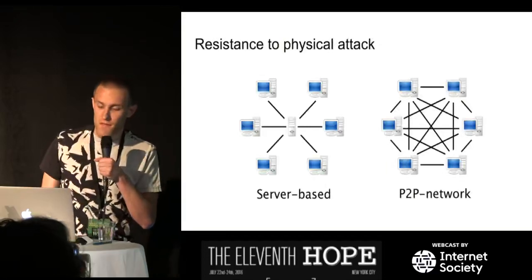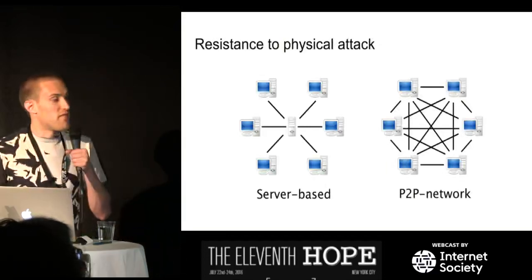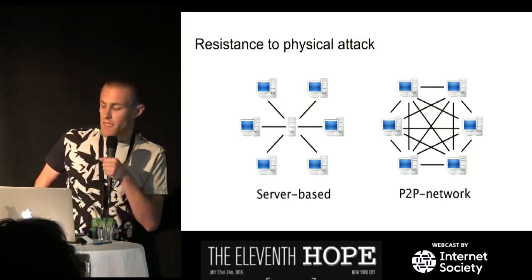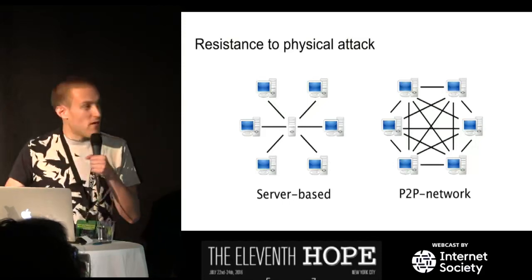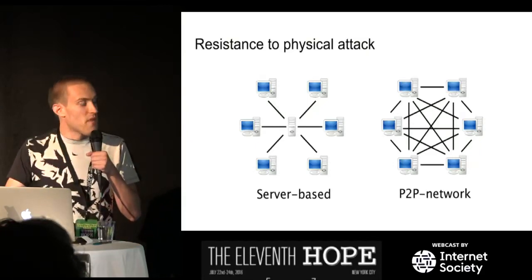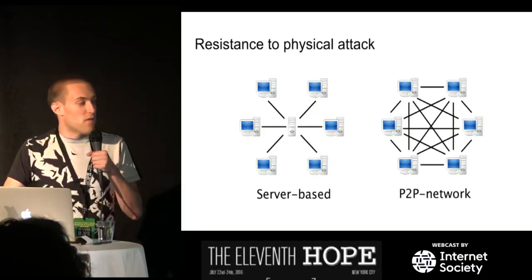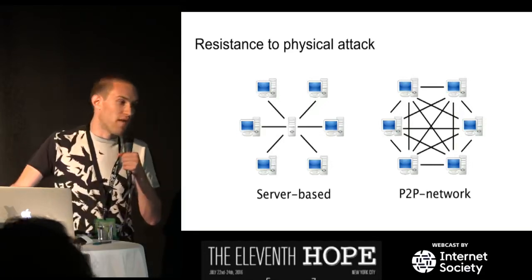To solve this problem with the physical system, people have created really interesting peer-to-peer networks whereby instead of having a single server in the middle of the network, the different participants in the network connect directly to one another.